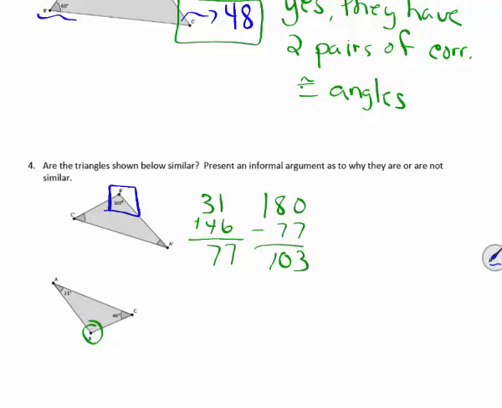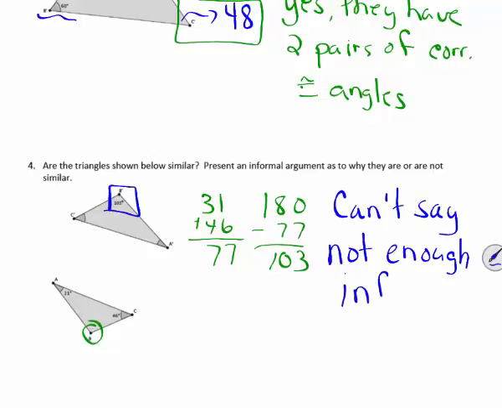So the B's match, but I don't know if A's really match and C's really match. I don't have enough information for that. So can I say that they're similar? I can't say. Not enough information. Because just because one of them matches doesn't mean that the other two are going to match as well.